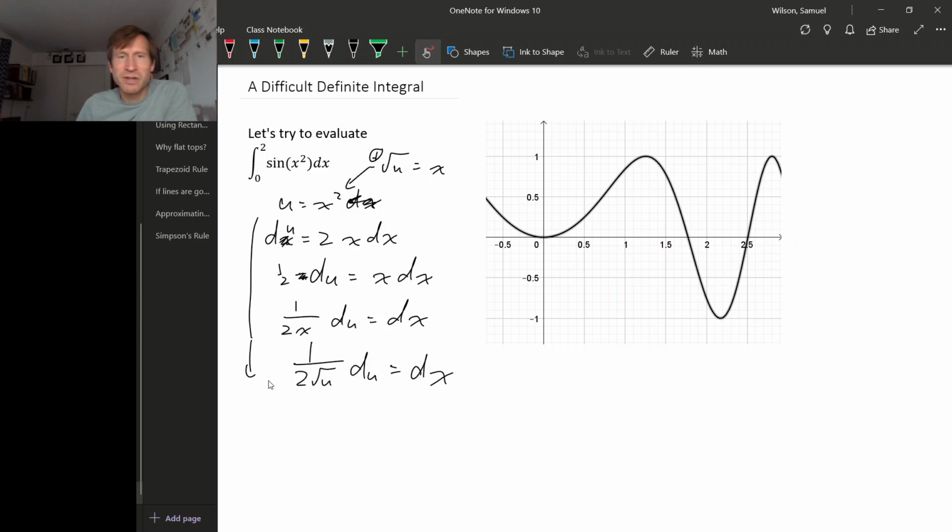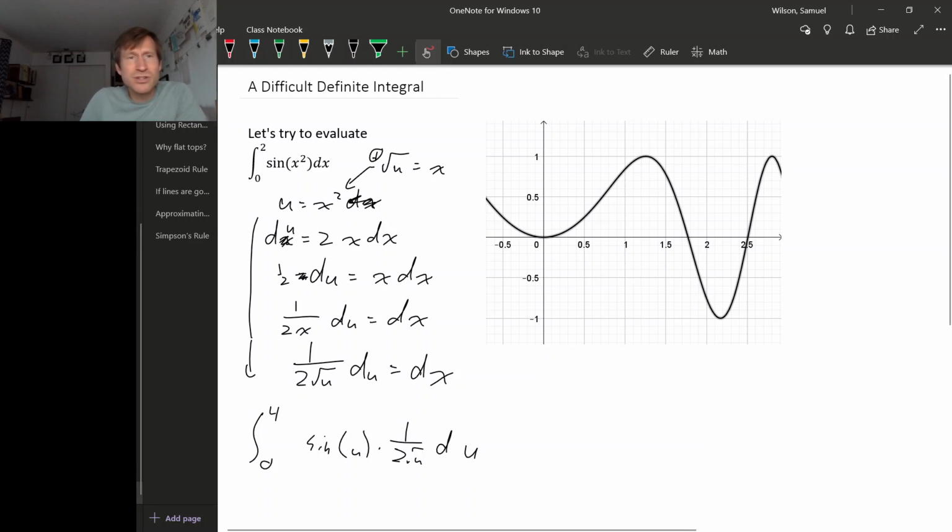Now we can write out our substitution. When x is 0, u is 0, and when x is 2, u is 4. So this is sine of u times dx, which is 1 over 2 square root u du, sorry.